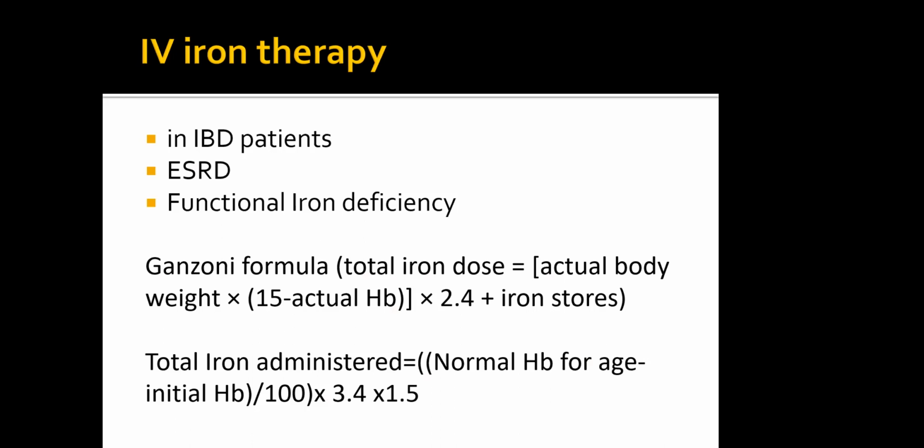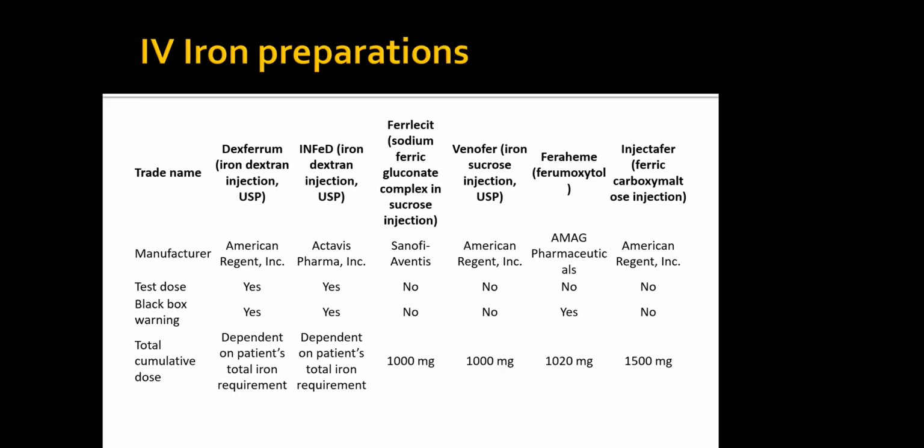Most of the IV iron preparations you give as 1 milligram per ml dilutions, and you give it over an hour or so with normal saline as well. And again, there are a lot of preparations available. Initially, people were using iron dextran, but they found it had a lot of anaphylactic reactions and pain at the IV site.